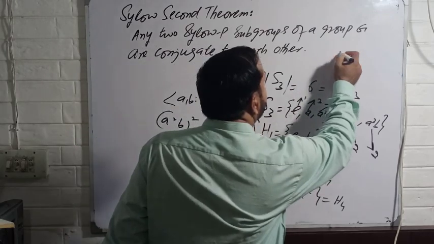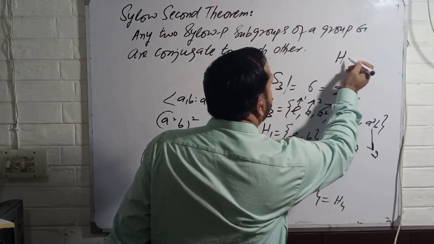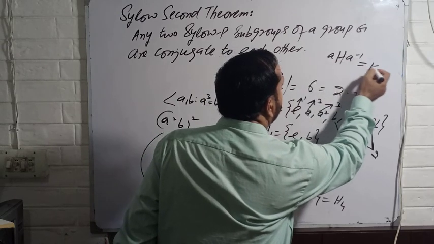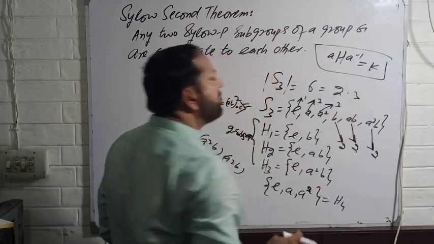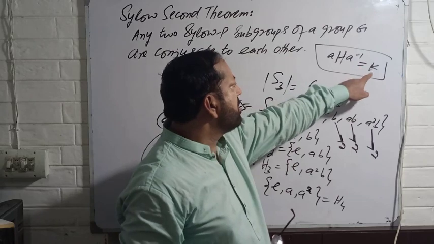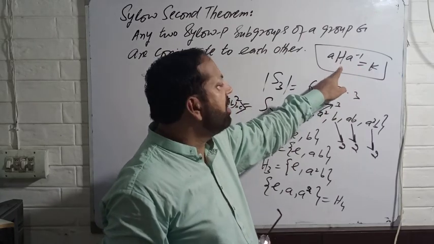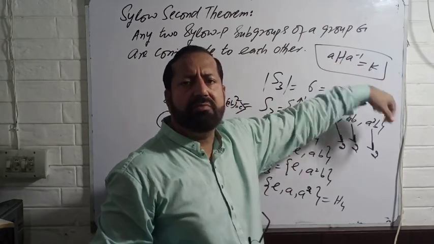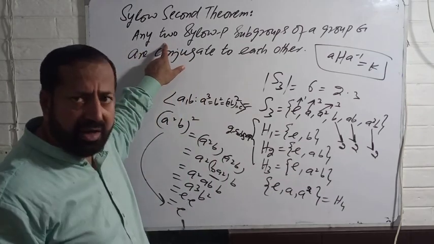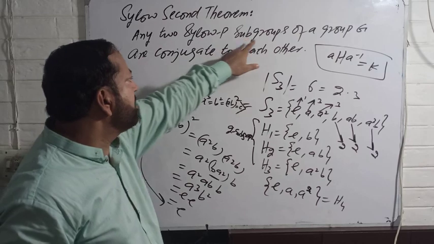You know what conjugate means? If H is a subgroup, then A H A inverse is equal to K. If you can establish this relation for A belonging to G, then we say that K is conjugate to H, and conversely H is conjugate to K as well. So our second theorem says that any two Sylow P subgroups are conjugate.